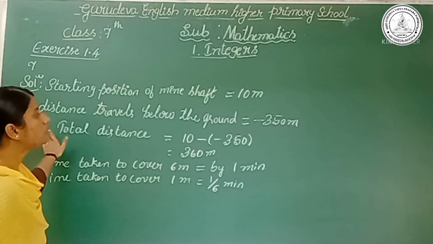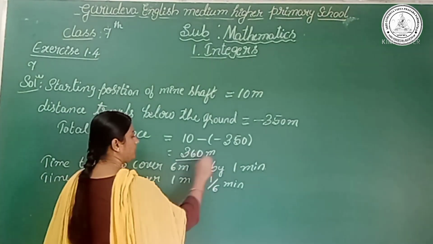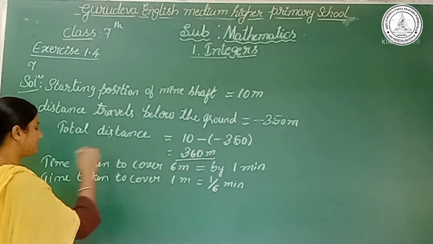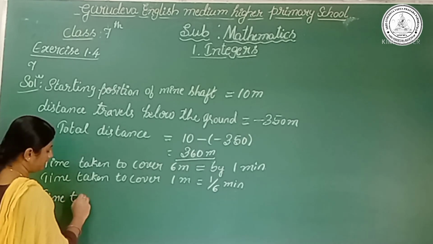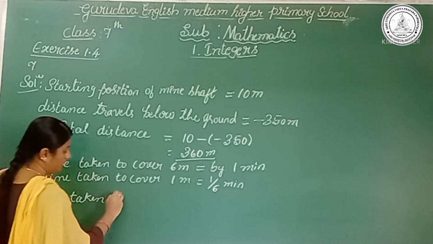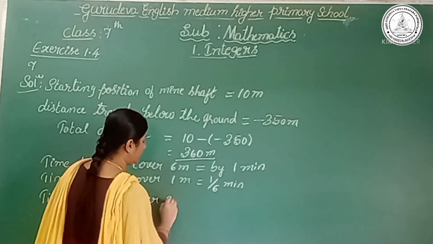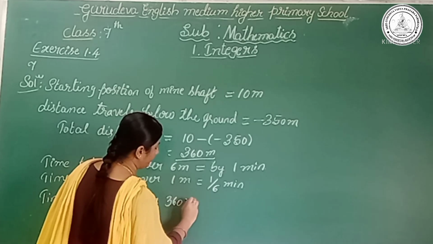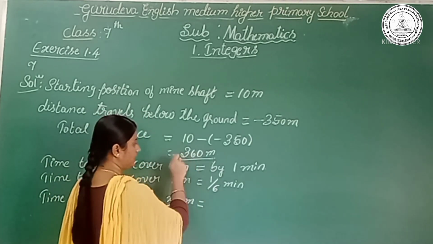Then the time taken to cover a distance of 360 meters is equal to how much? So 1 by 6 into 360.